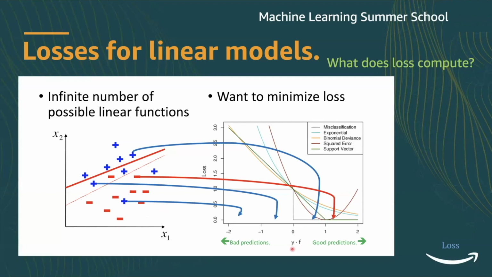Y, for example, let's say for all these points that lie here, Y is -1. The corresponding f of x is also -1 here. When you take the sign of f of x, and when you take the product of these two, you get a positive number, and that's going to lie on the right side. So it's a good prediction. The model has predicted this correctly.